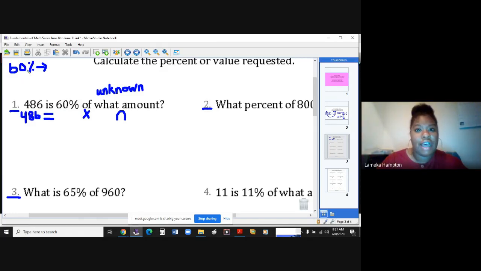My decimal is behind the 0. And because it's behind the 0, I am going to move it 2 places over to the left. So when I do that, my answer is going to be 0.60. Okay.